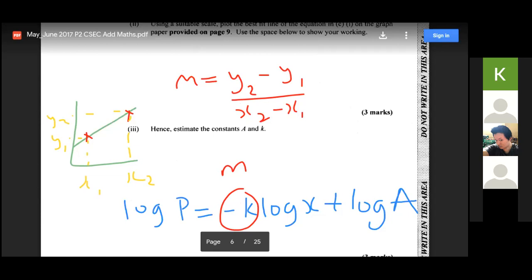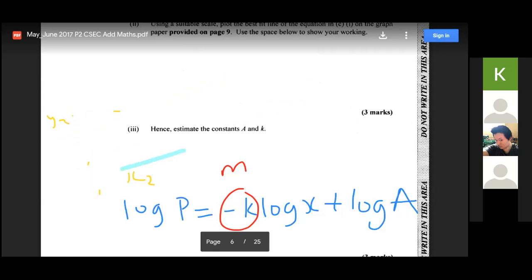Okay. A. So I already established that minus k is my gradient. So if I have minus k, I'll be able to tell what k is, right? How would I find A though? Anybody has any idea? A is related to the y-intercept. So you'll see where the line intercepts on the y-axis.